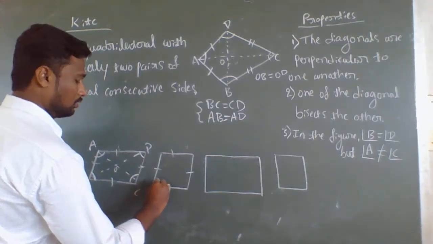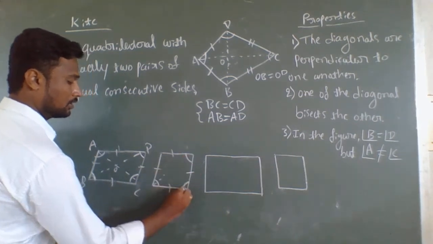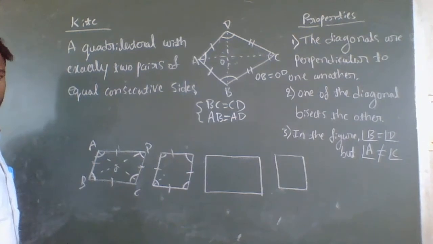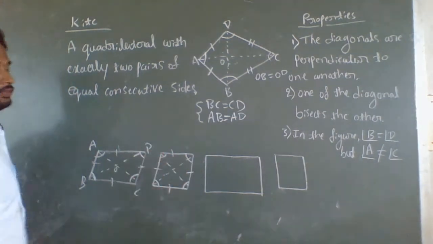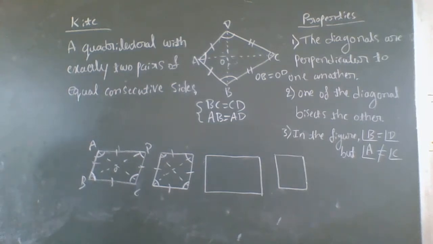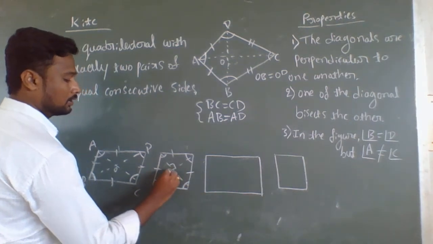Here also opposite angles are equal, and diagonals bisect one another. Another important property of a rhombus is that the diagonals are perpendicular to each other.